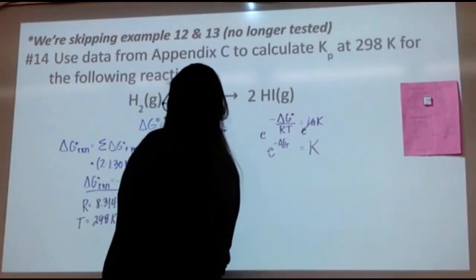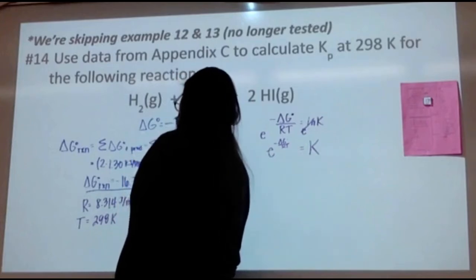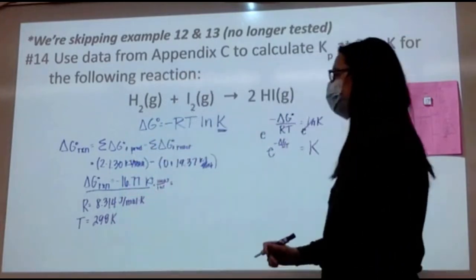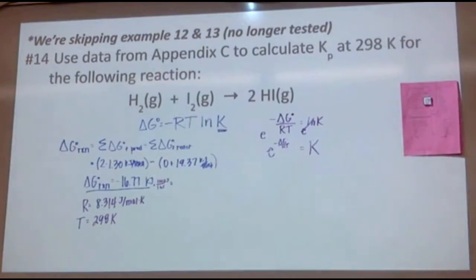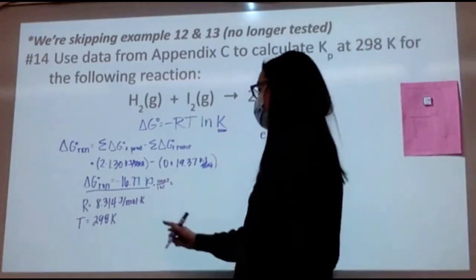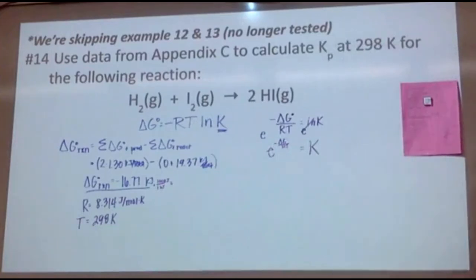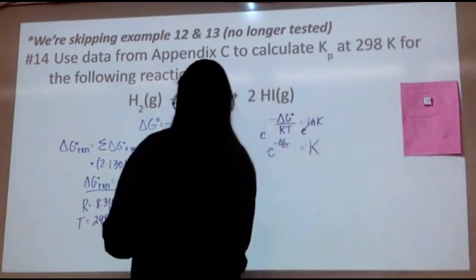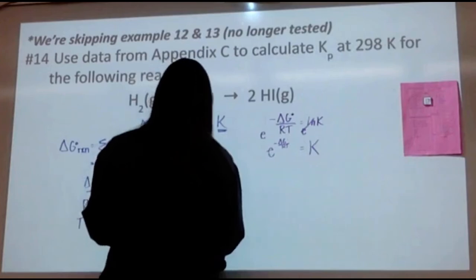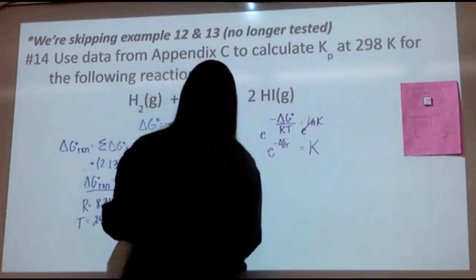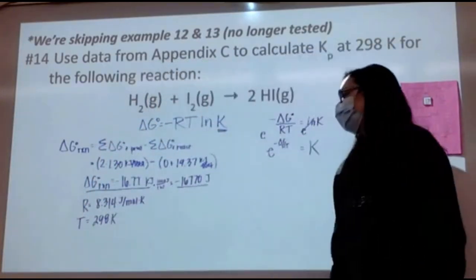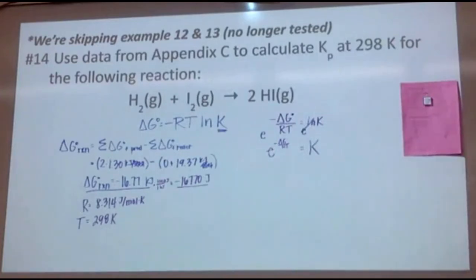Remember that 1 kilojoule is 1,000 joules. If you convert R, you would divide by 1,000. So this would give me negative 16,770 joules. Check your units.